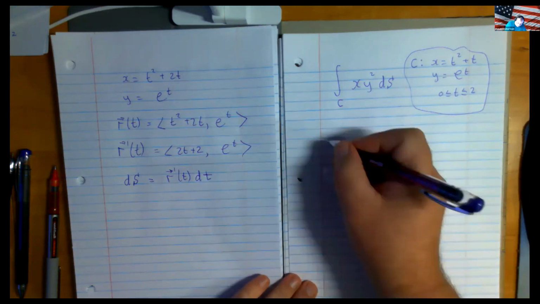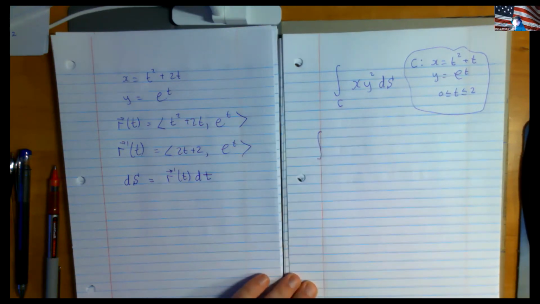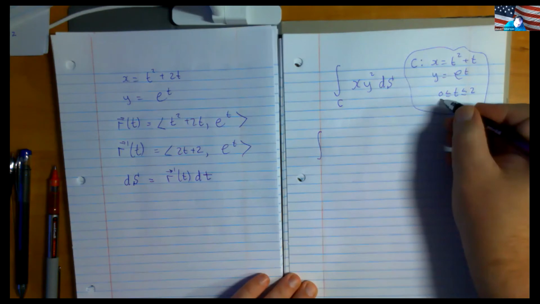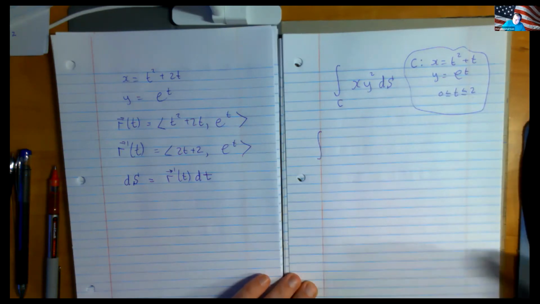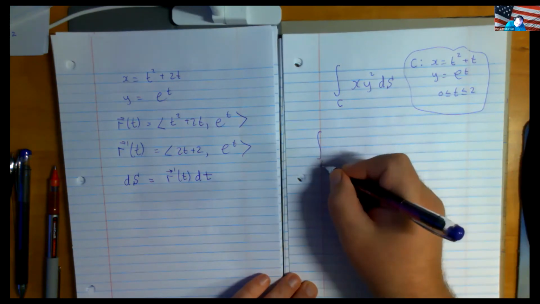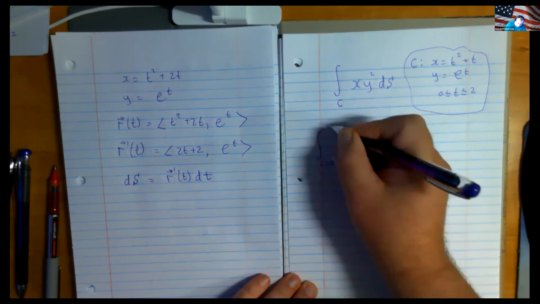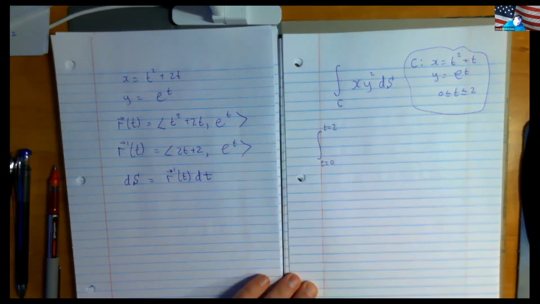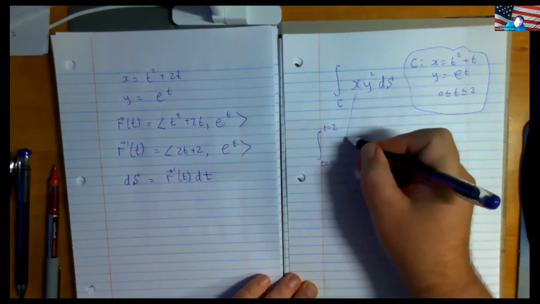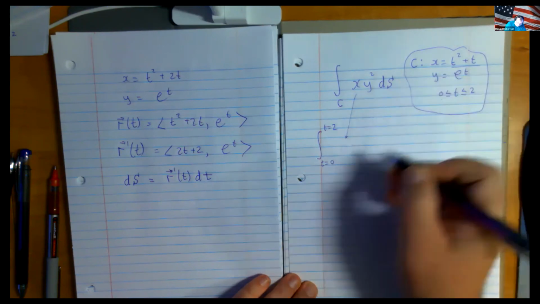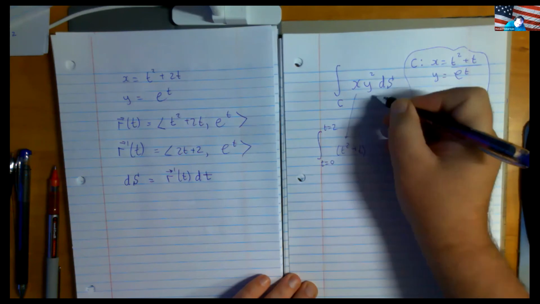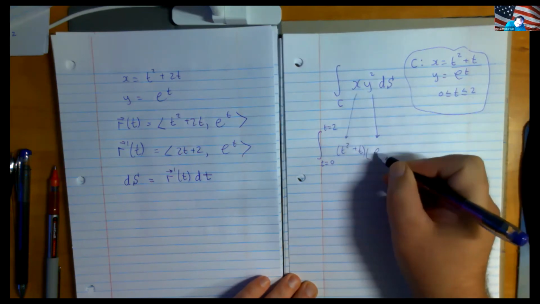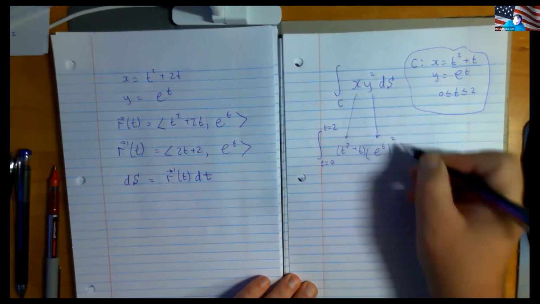So what does it look like as a new integral? Well, everybody is going to be converted into t's. So it's going to be from t equals 0 to t equals 2. The x is going to be replaced by t squared plus t. The y squared is going to be replaced by e to the t squared.